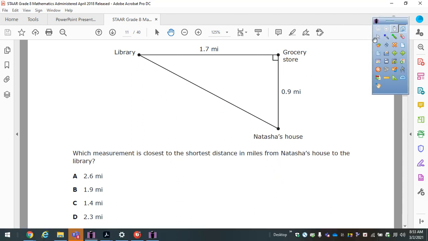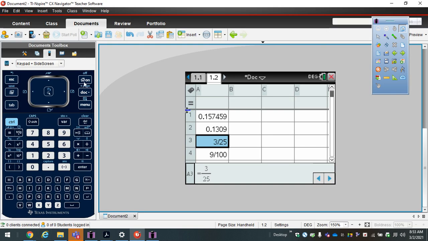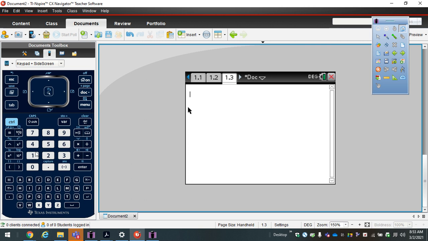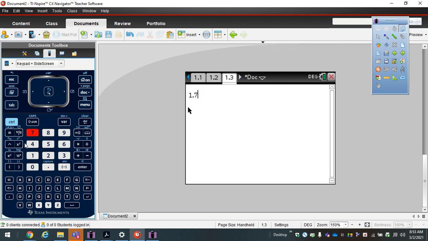Okay, so I'm going to come out here to the calculator. I'm figuring out a new page, calculator, and I'm going to go with 1.7 squared plus 0.9 squared. Okay, I don't know how to teach you how to do this. What do you think? Should I do ends off? Yeah, I'll do ends off.